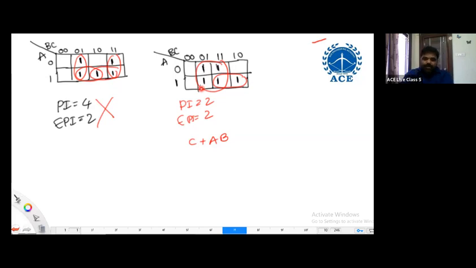I am counting the number of groupings with special cubes to count the number of essential prime implicants. Yes, this grouping is having a special cube. This grouping is also having special cubes. So these 2 groupings are essential. Number of groupings is equal to number of prime implicants. Number of groupings with special cubes are essential groupings.